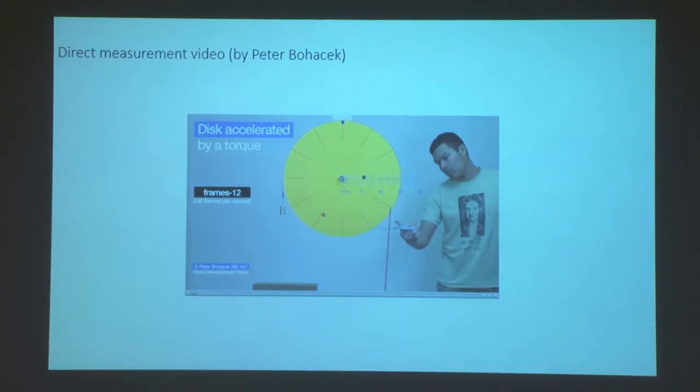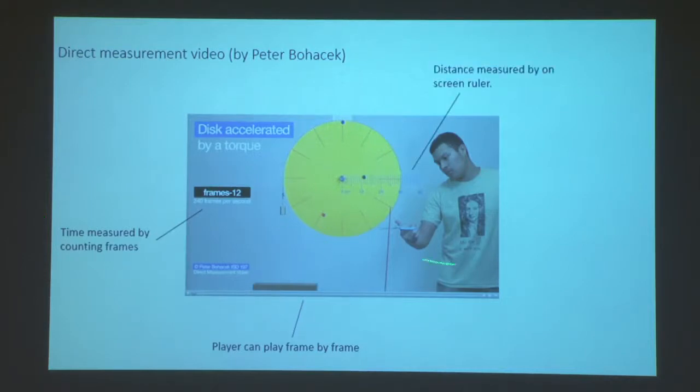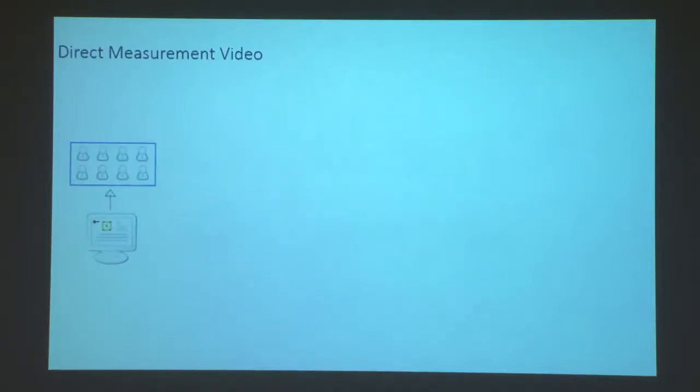What Peter Bowercheck allows us to do is provide this video player that can play frame by frame, which allows you to measure time by counting the frames very precisely. Then he puts this ruler on top of the screen, so the distance is measured by the screen ruler, and you can measure the position, the angles, and all the things that you need.